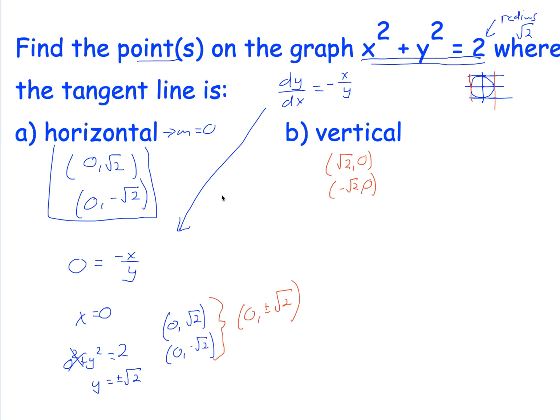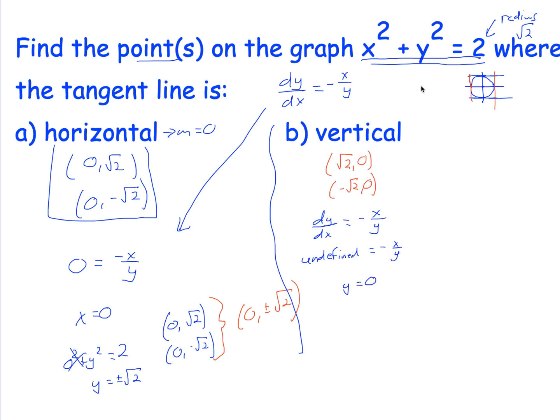Similarly, we could come over here, and think, oh, let's think of the slope again. dy/dx equals negative x over y. This time, we want it to be a vertical tangent line, so the slope would be undefined. Well, thinking here, what has to be true about a fraction for the slope to be undefined? Well, the denominator has to equal 0, so y would have to equal 0.